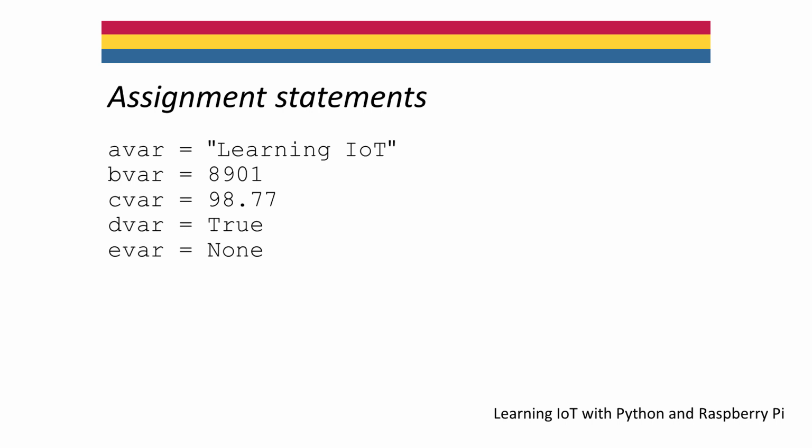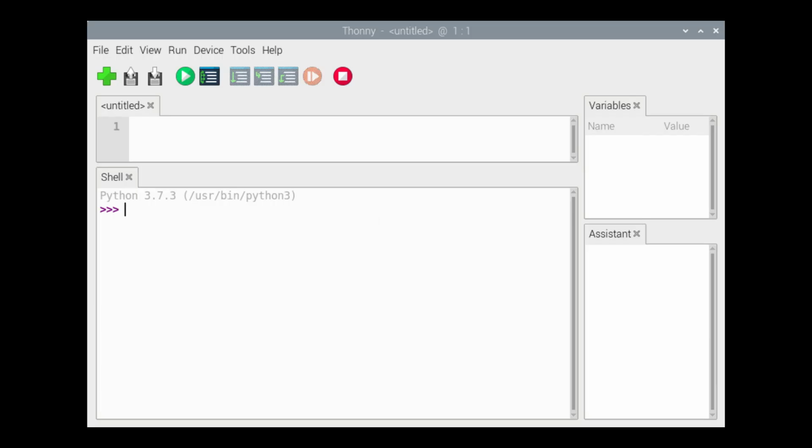There is no declaration of type. The assignment statement is enough to make avar a string type, bvar an int type, cvar a float type, dvar a bool type, and evar the None type. The built-in type function may be used to determine the type of the object. We assign 'learning IoT' to avar, and we call the type function with avar as the argument, and str type is returned.